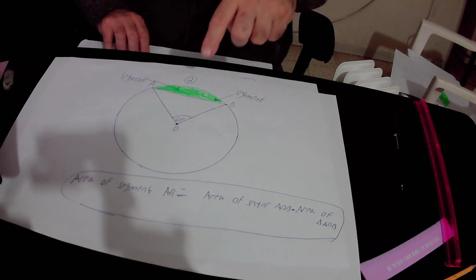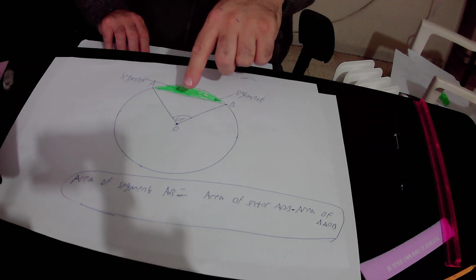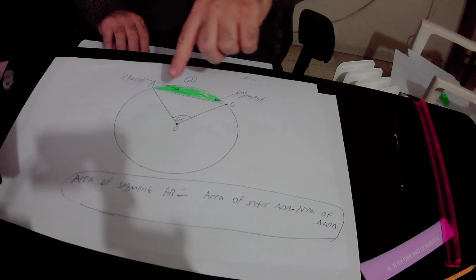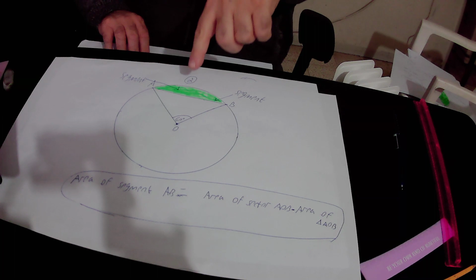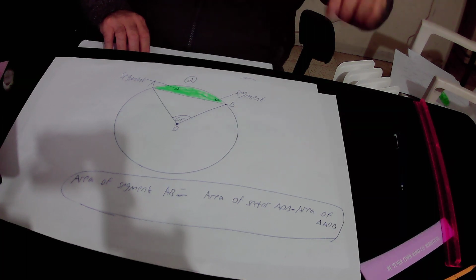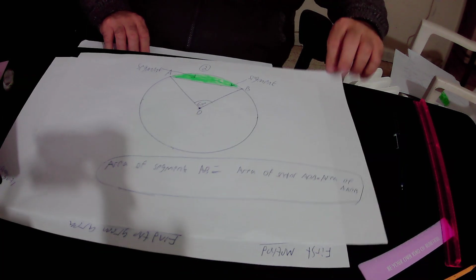So you have to find the area of sector AOB, and then subtract from it the area of triangle AOB, and you will get the area of segment AB.